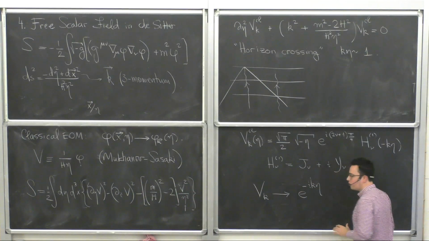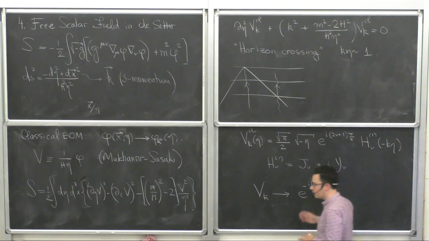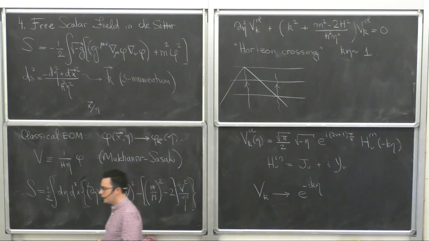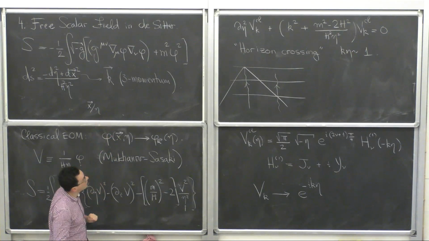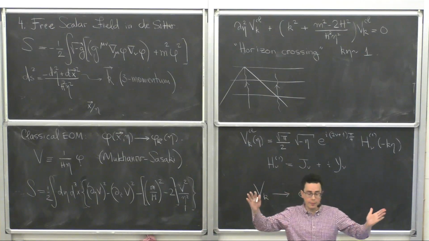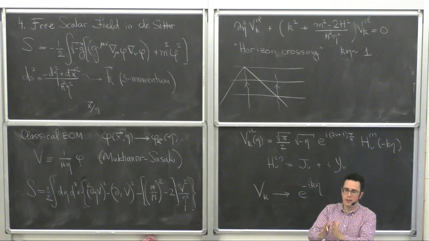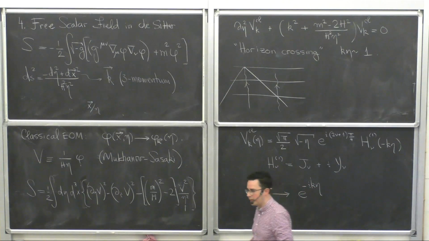So here I'll tell the words that people usually say to make peace with this choice. The words go something like this. Well, if I go to very early times, if I keep track of a fixed comoving scale, if I go backwards in time, the mode is getting more and more blue shifted, so it looks more and more like you're in flat space. So you should quantize like you quantize a harmonic oscillator in flat space.